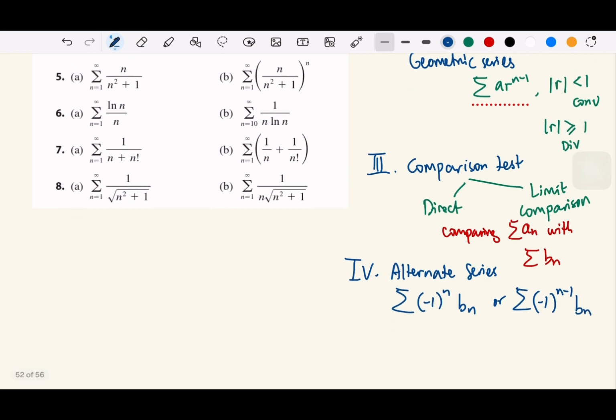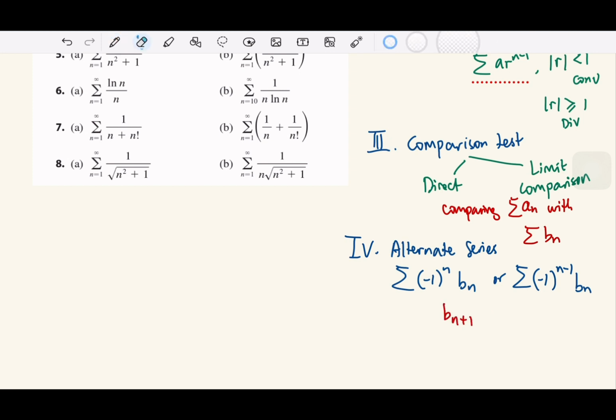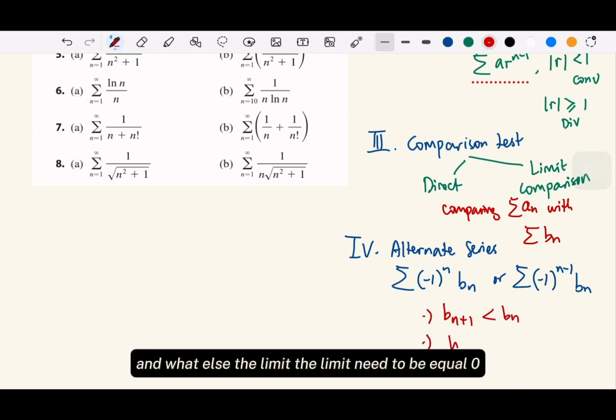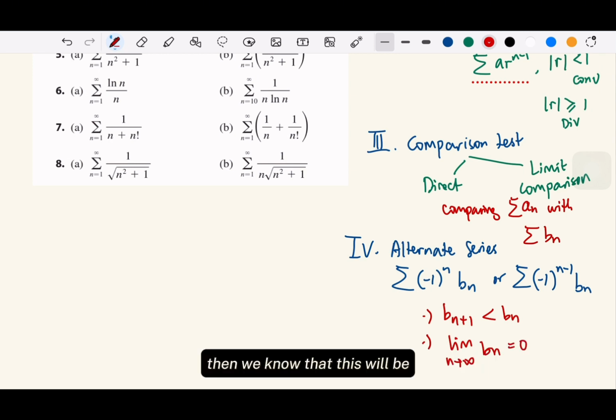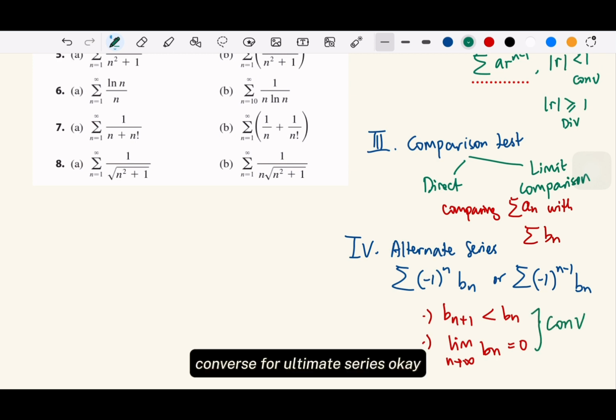Okay. And what is the requirement? b_(n+1) needs to be decreasing. And what else? The limit needs to be equal to 0. Then we know that this will converge for an alternating series. Okay.